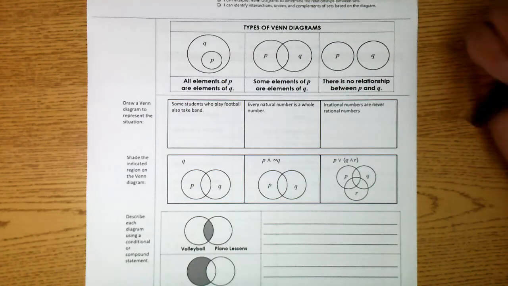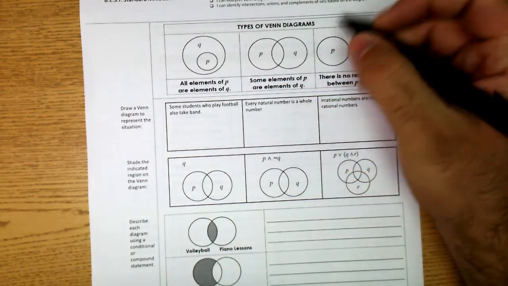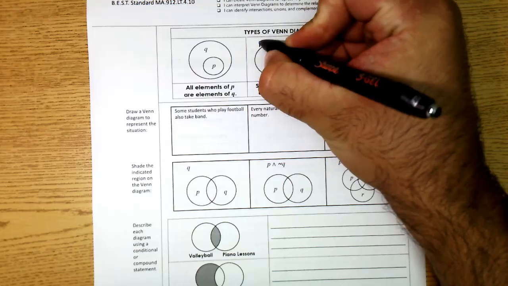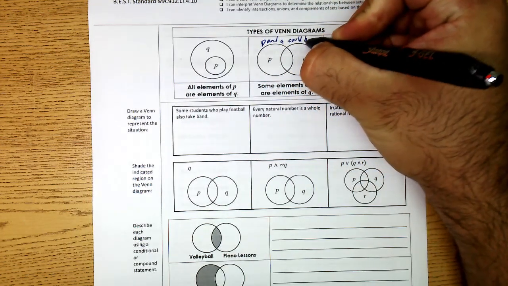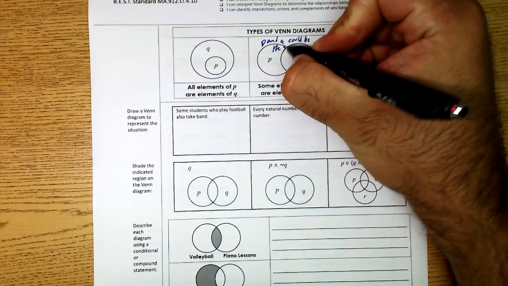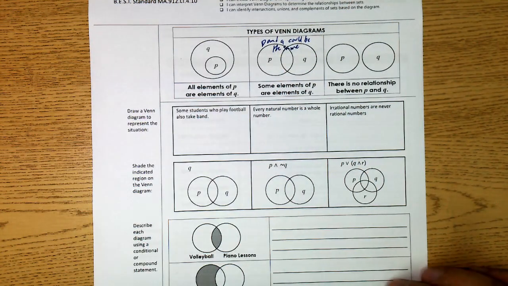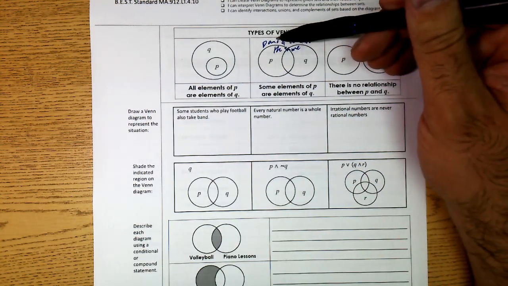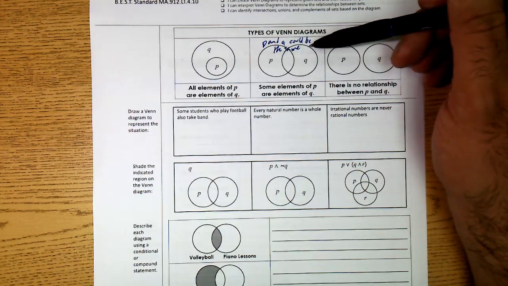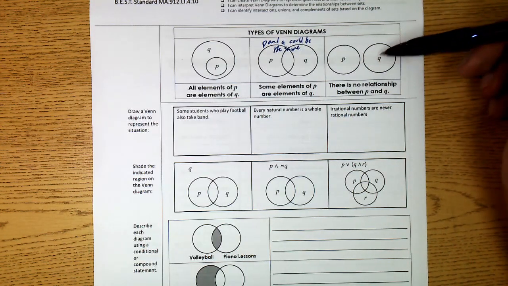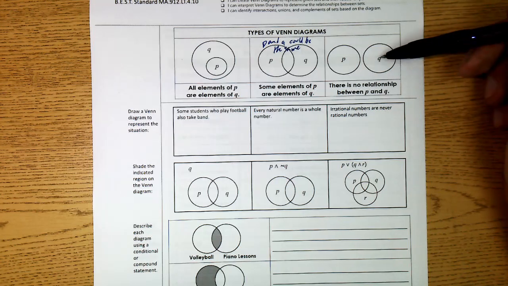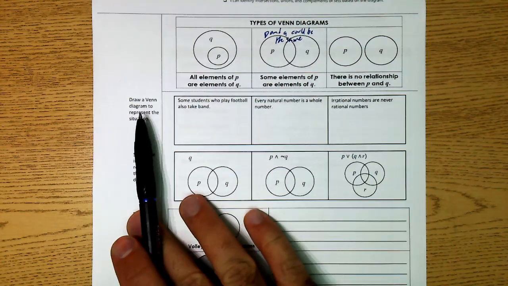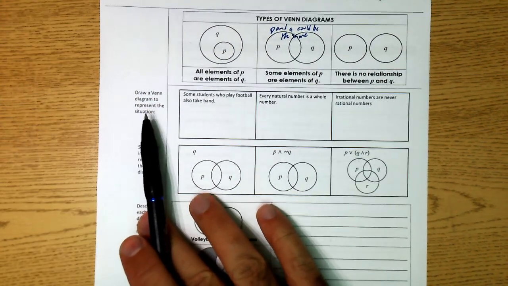I would prefer, so I'm going to write up here, P and Q could be the same. That's what I would prefer. P and Q could be the same. And the last one is when there's no relationship between P and Q. Nothing overlaps.